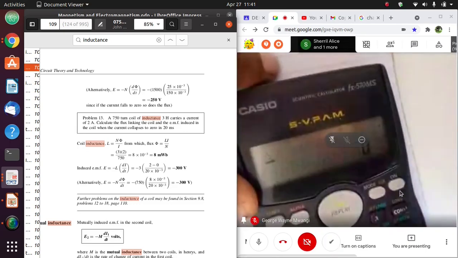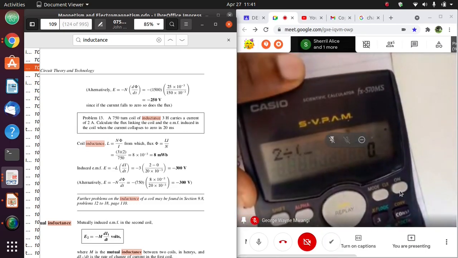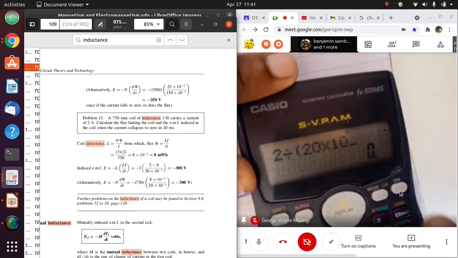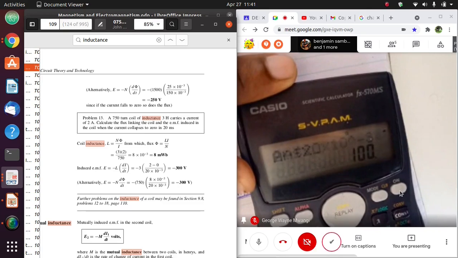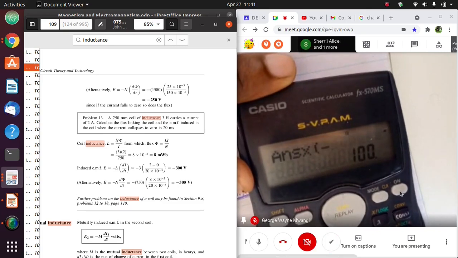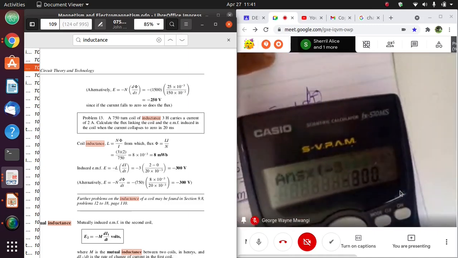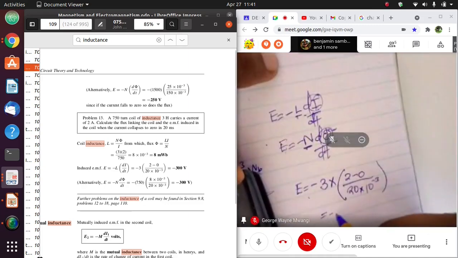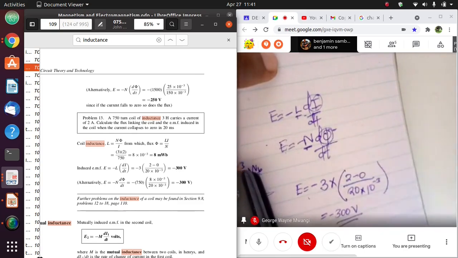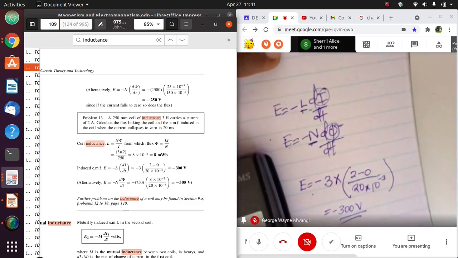So, 2 divided by 20 times 10 raised to negative 3. Then you multiply that by negative 3, the inductance. You get that the induced EMF will be negative 300 volts.